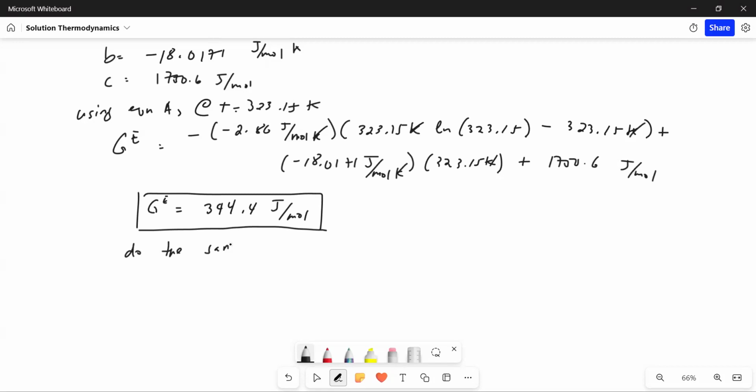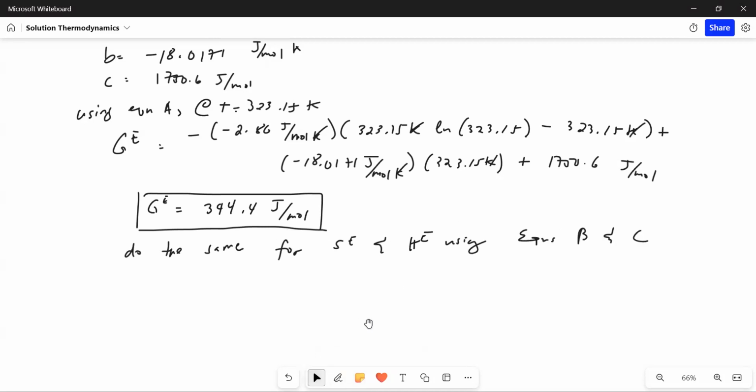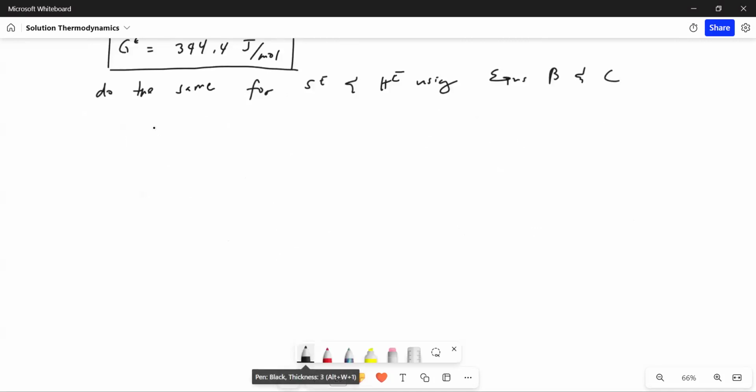Do the same for SE and HE using equations B and C. After substituting the values, what you will get for SE is 1.492 joules per mole Kelvin.